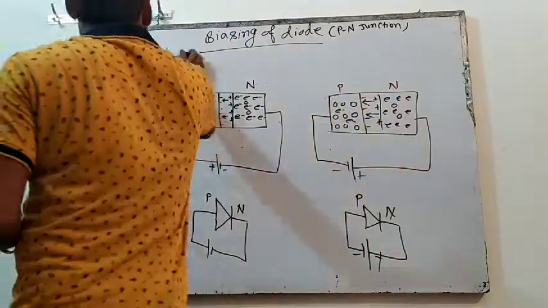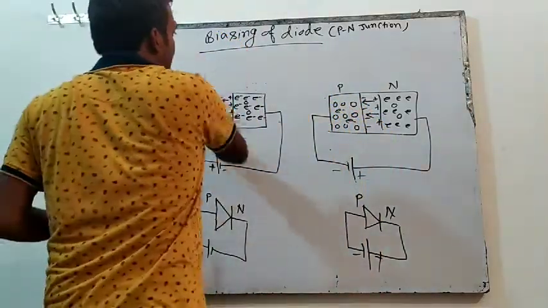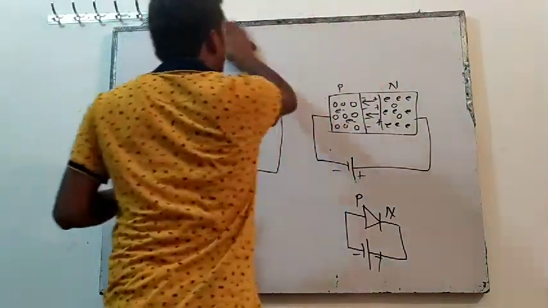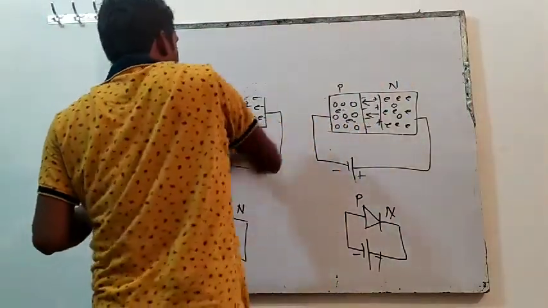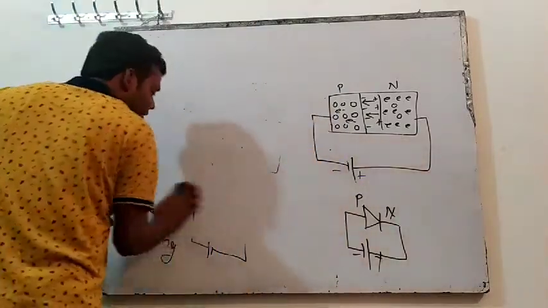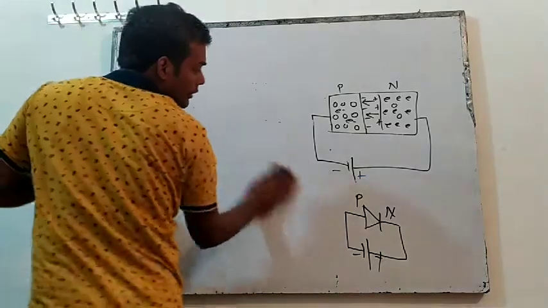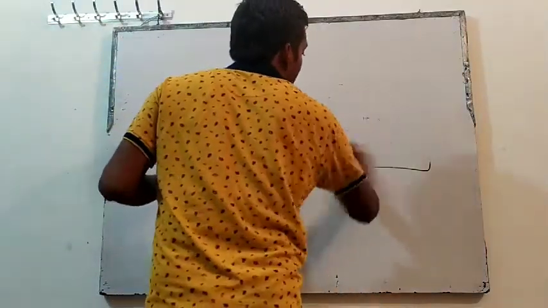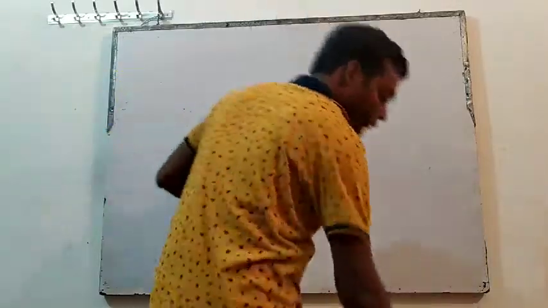Okay. Now understand something more about this. So now you have understood what is forward biasing and what is reverse biasing, right? So now you can solve any question. Again, try to understand one thing.